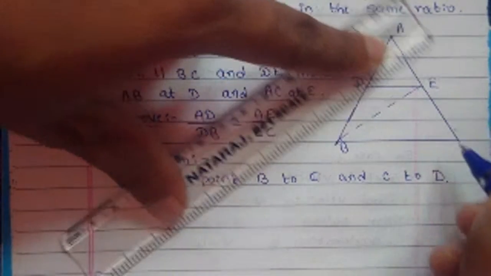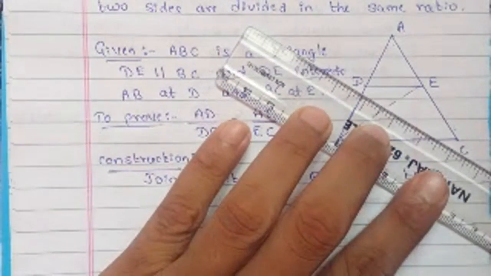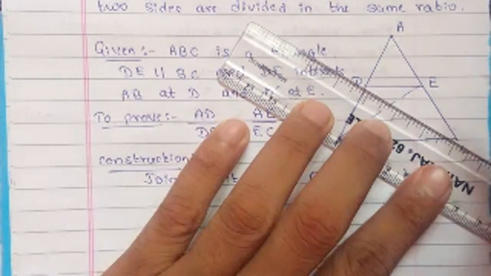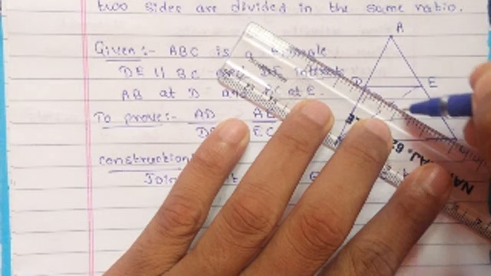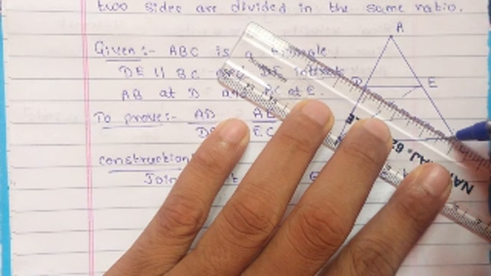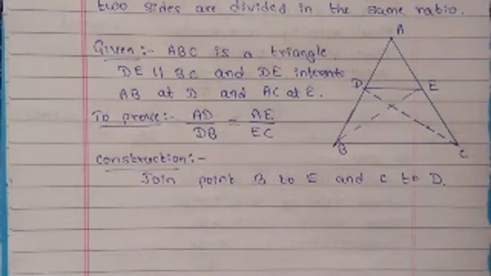Okay, so this is the line which joins point B and E, and I'll draw another line which joins the point D and C, or C and D.